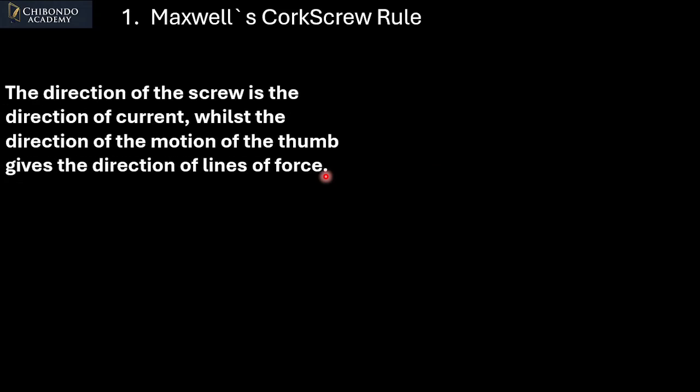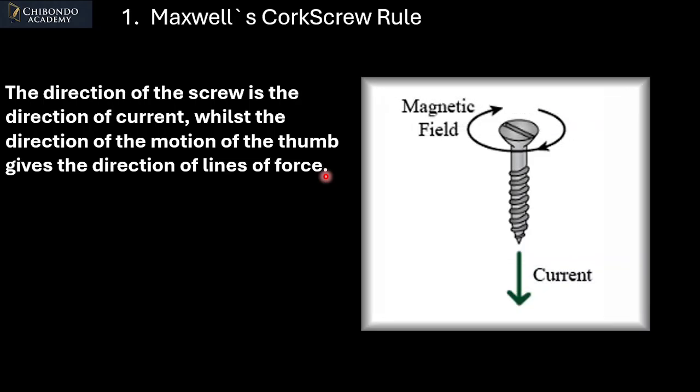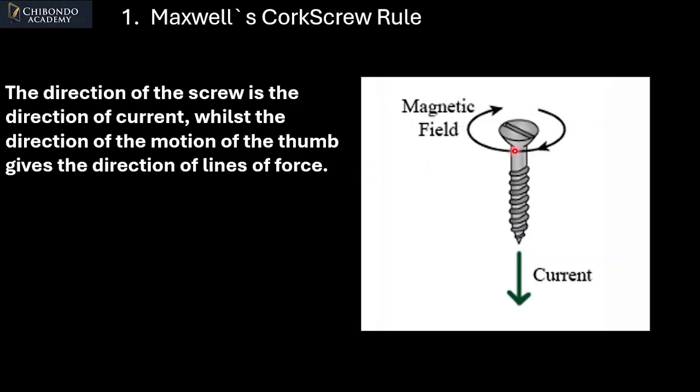Now let's have a look at the laws which are used to determine the direction of the magnetic field. The first one is Maxwell's corkscrew law. The direction of the screw is the direction of current, whereas the direction of the motion of the thumb gives the direction of the lines of force. So imagine holding or using this screw in the operation of Maxwell's corkscrew law.